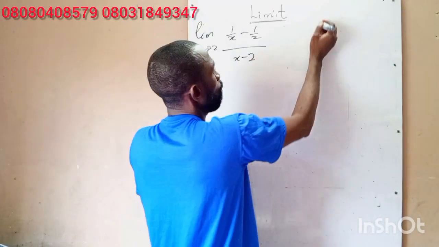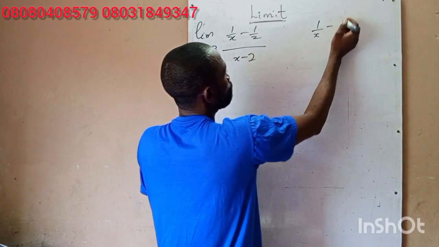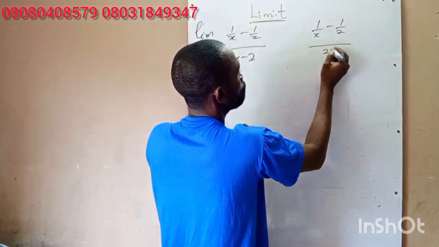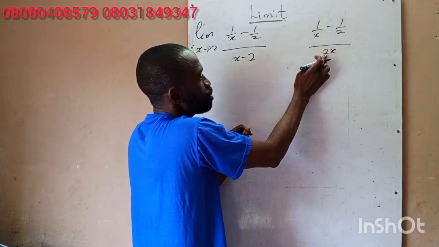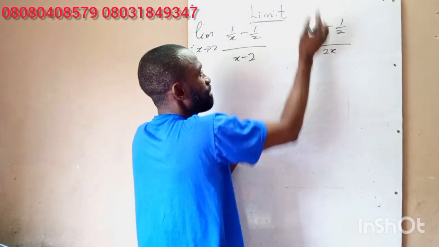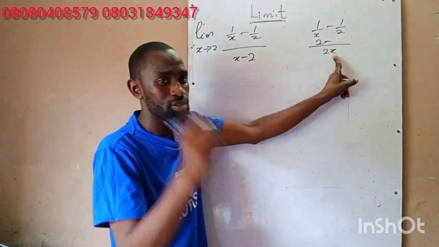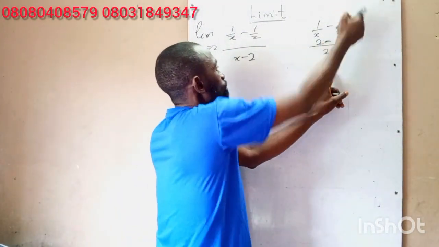So I'm having 1 over x minus 1 over 2. What's the LCM? This will give us 2x. How many x can we see in 2x? That is 2. 2 times 1 will give us 2, minus. How many 2 can we see in 2x? That is x. x and 1 will give us x.